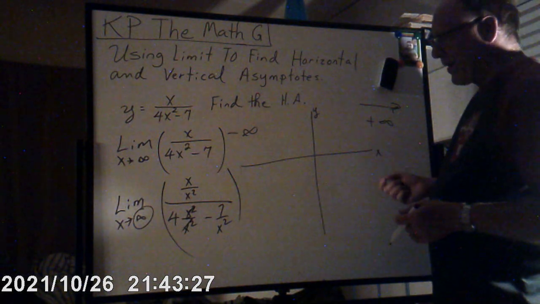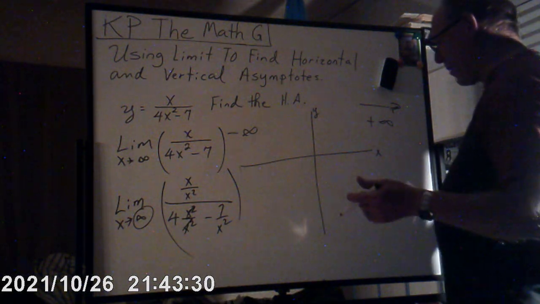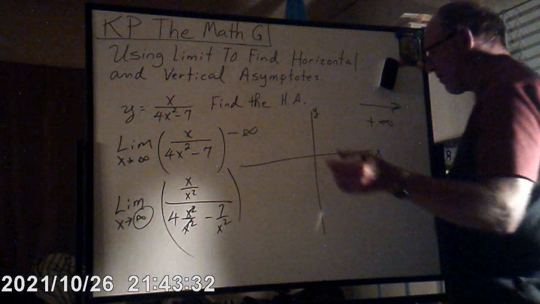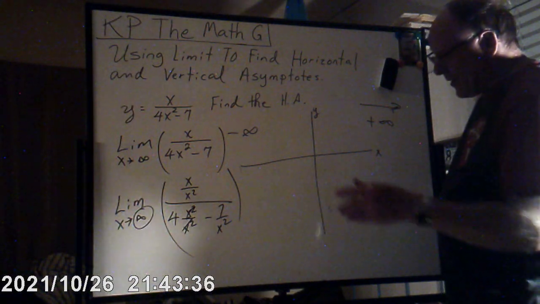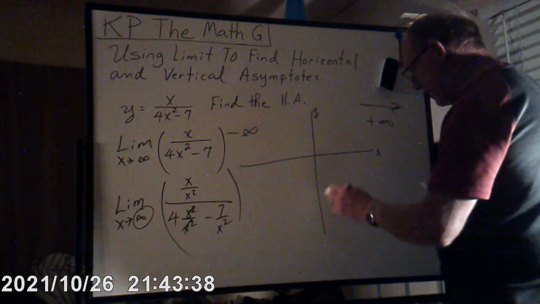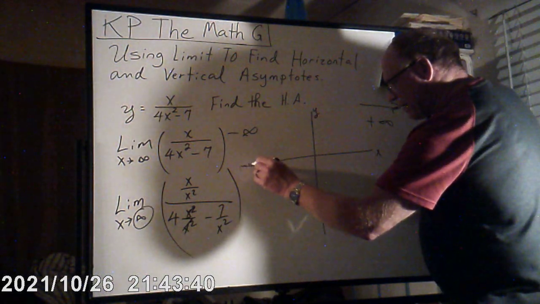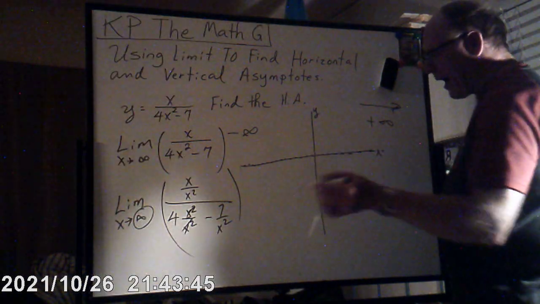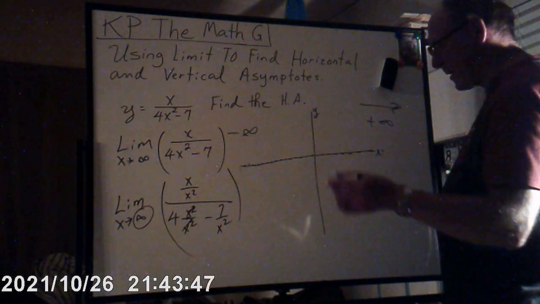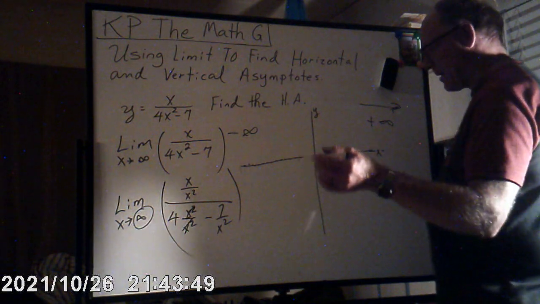Right now, we're saying that this is going to be right here, this dotted line here, and the graph is probably going to do something like this.